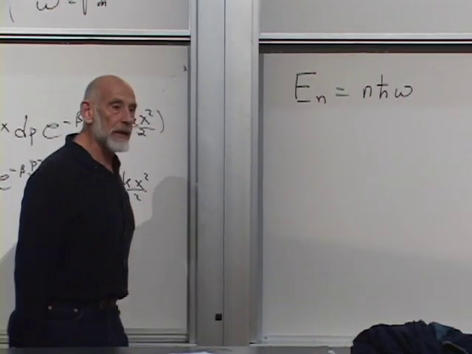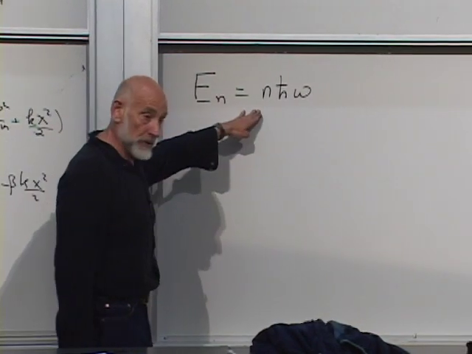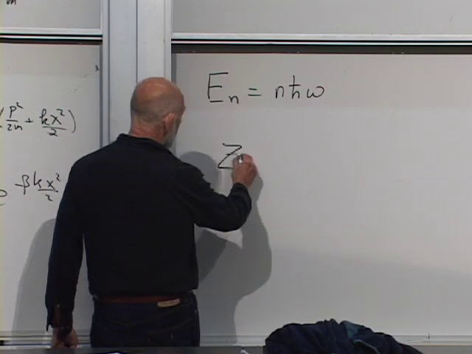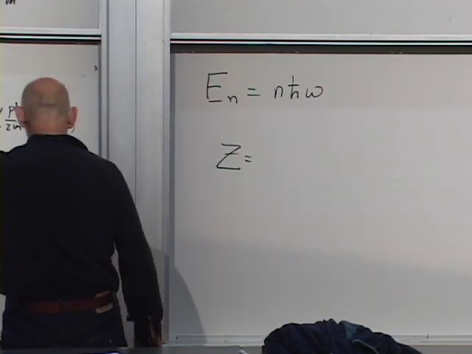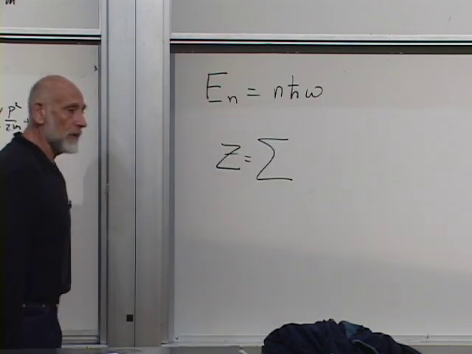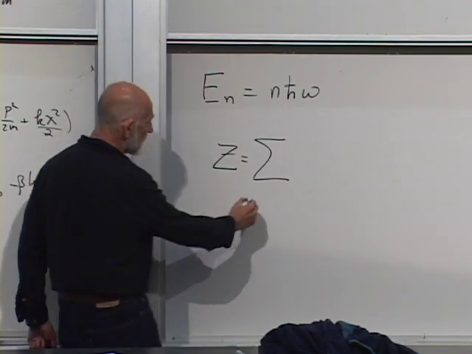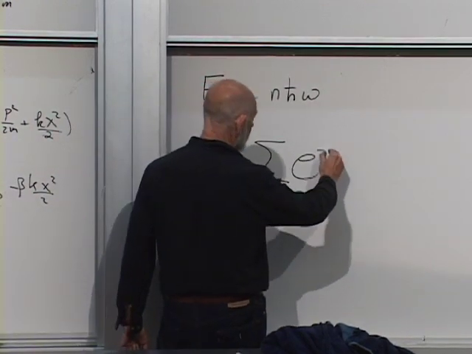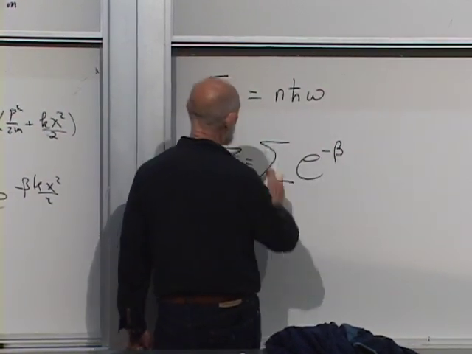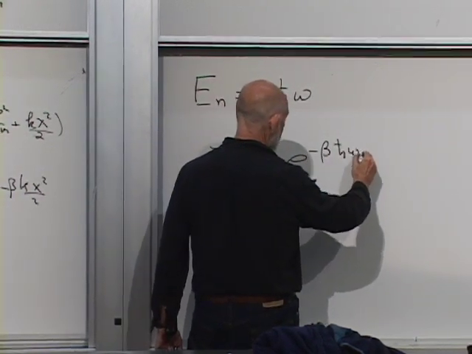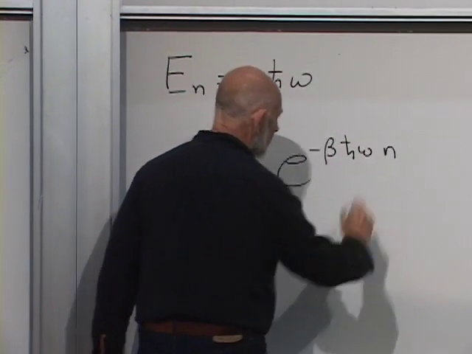And now we can calculate the partition function of the quantum oscillator. I think we can do it in 10 minutes. Z is now not an integral, but it's a sum over n, all the energy levels, of e to the minus beta times the energy, h bar omega times n.